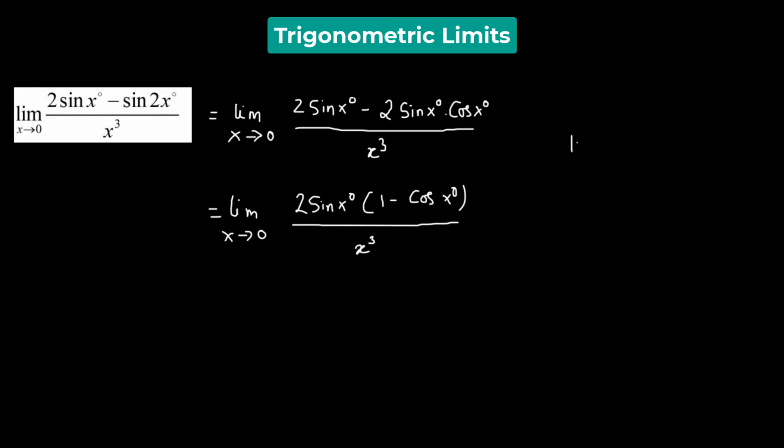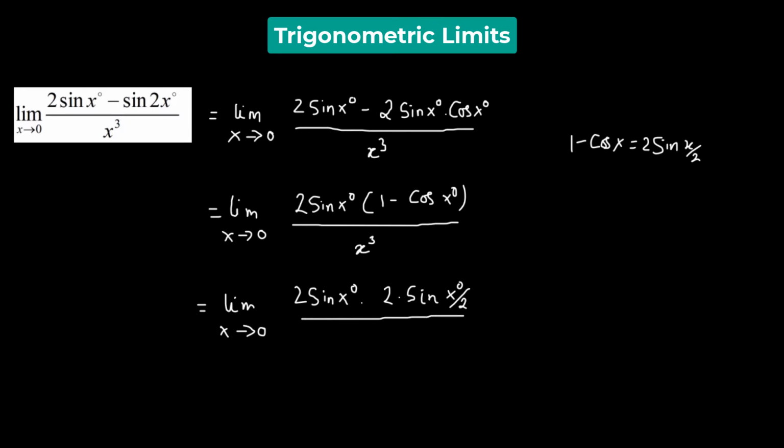Now we have 1 minus cosine of x is equal to 2 times sine squared of x over 2. So we're going to use this identity, which will give us the limit x tending to 0 of 2 times sine x degrees times 2 sine squared, so we have x degree here, so we're going to replace it by x degree over 2, divided by x cube.